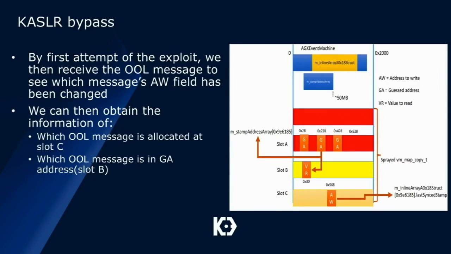The first is which OOL message is allocated in slot C. The second important piece of information is which OOL message is in slot B, because we can specify each OOL message's VR field as unique.